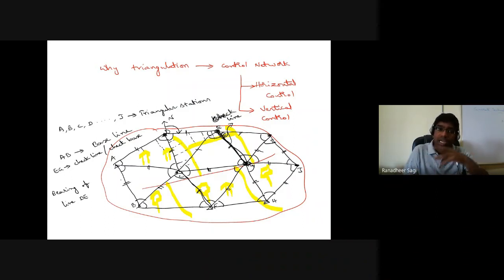If you know the internal angle and the bearings of certain lines, then I can find out the bearings of some other lines, and identify whether the respective interior angles you have calculated are correct or wrong, or whether the positions of those stations, as transferred onto the map, are correct or not.